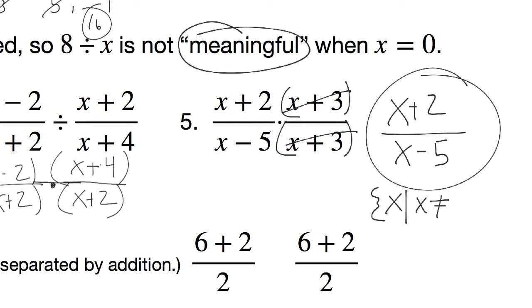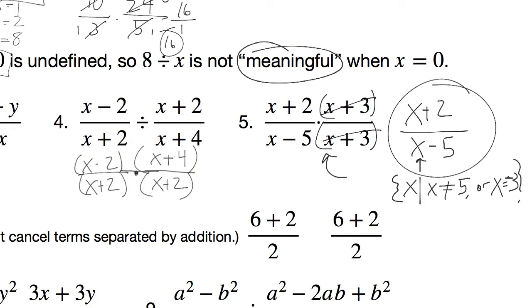You can't put 5 here. That's fine. But also, you can't put x equal to negative 3. Neither 5 nor negative 3 will work in the original. So if they want to know what meaningful replacements you can have, you have to exclude 5 and you have to exclude negative 3. But all the other numbers should work.